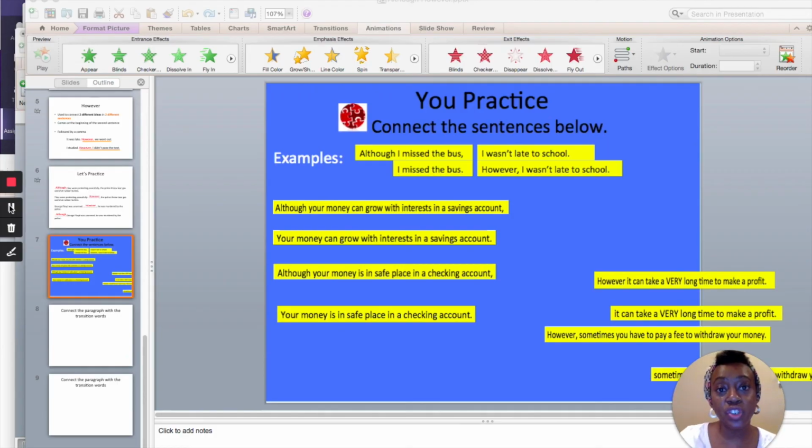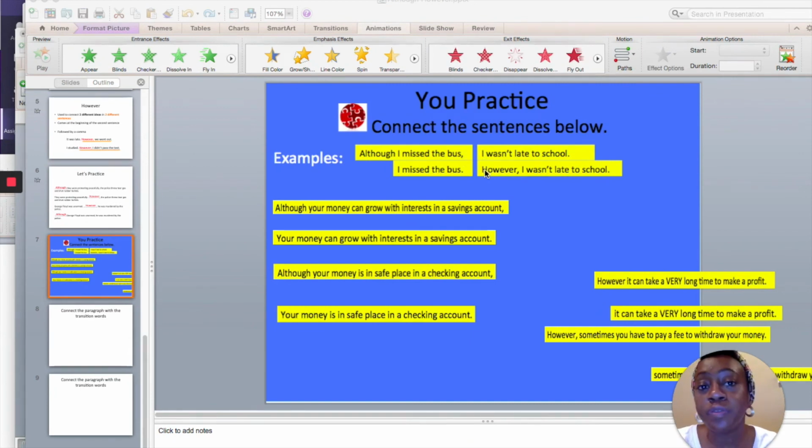Okay, so let's jump into the you practice. You have parts of sentences or whole sentences that you need to match together using although and however. I have 2 examples for you. The first one says, although I missed the bus, I wasn't late for school. So we need to find the part that would fit.